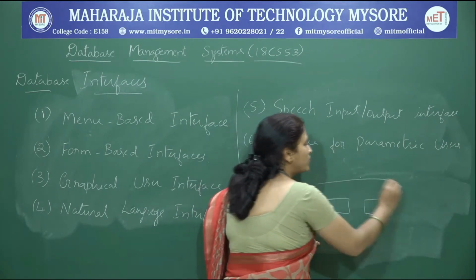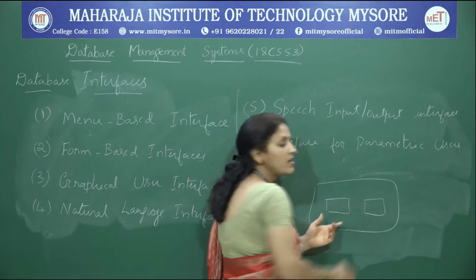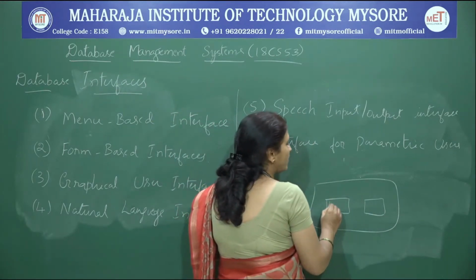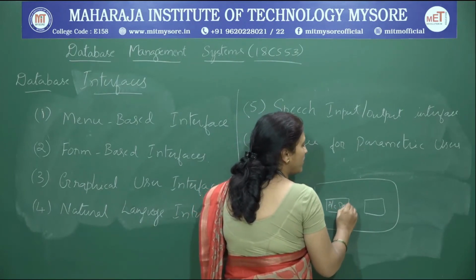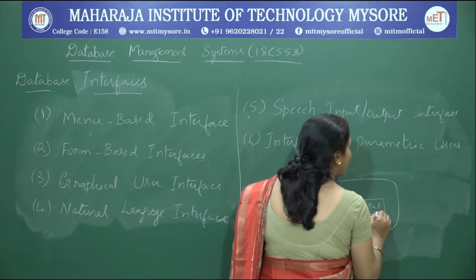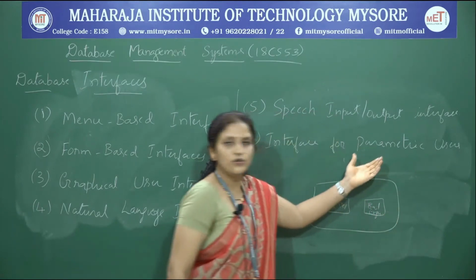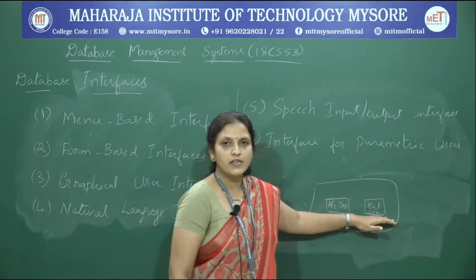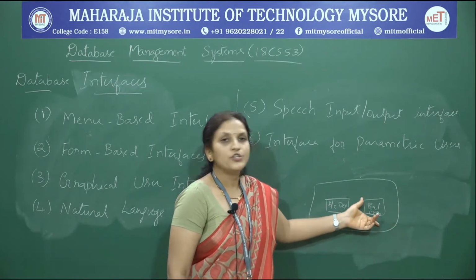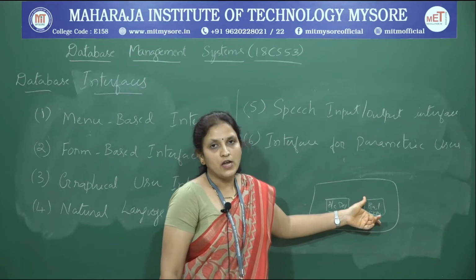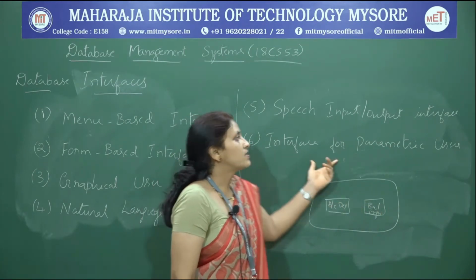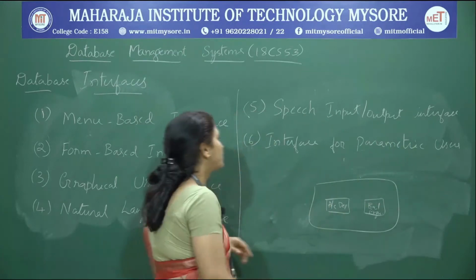If that particular user clicks on a button, that directly performs the operation required. For example, your banking transactions like account deposit, account withdrawal or balance inquiry, okay. If that user just clicks on balance inquiry and enters the name or number of the account, then he should be able to get the details of that particular account's balance, right. So, such an interface is designed for parametric users.